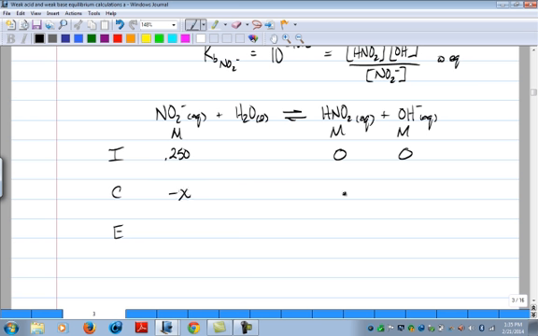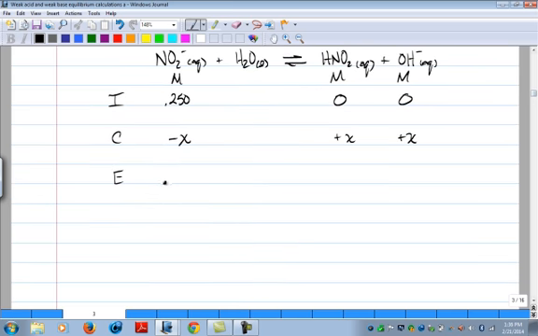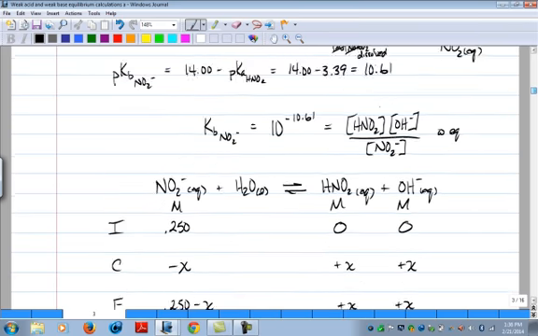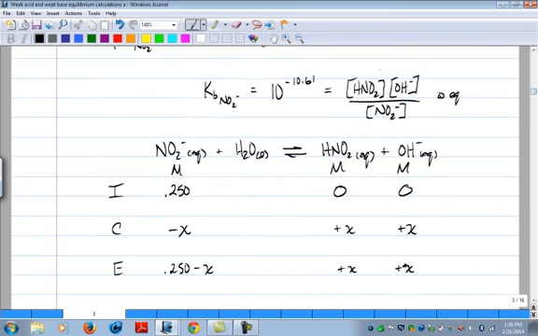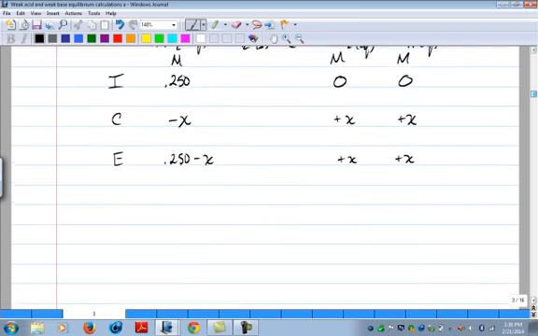So minus x, plus x, plus x, that'll be the stoichiometric change. And at equilibrium, we just add the initial and the change lines. So we get x, x, and 0.250 minus x molar. We put those expressions, or variables rather, into the equilibrium constant expression.